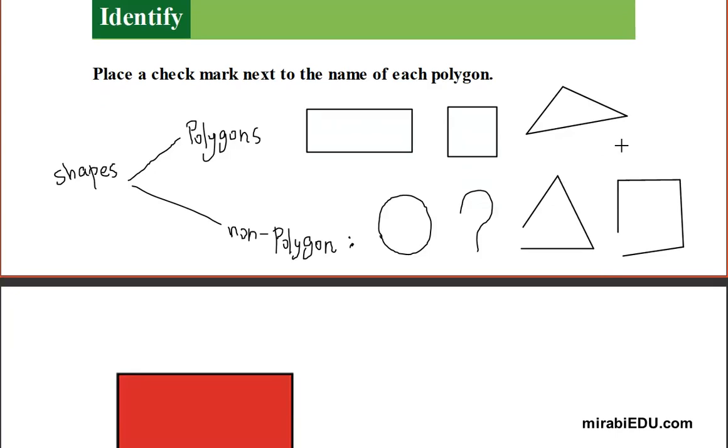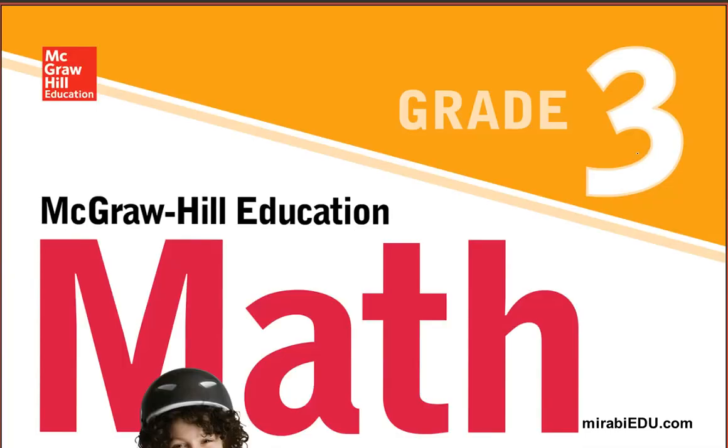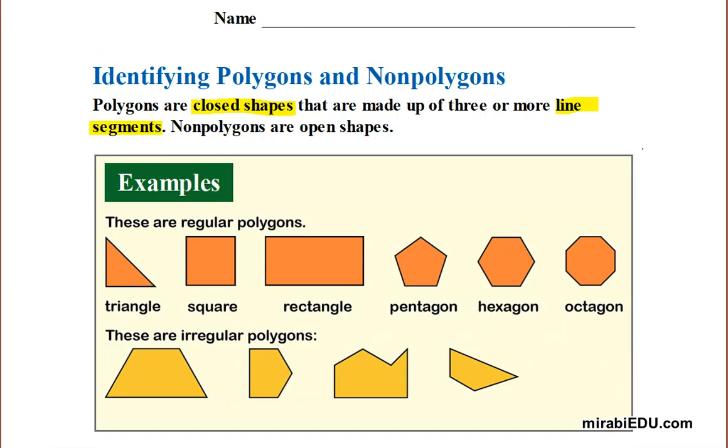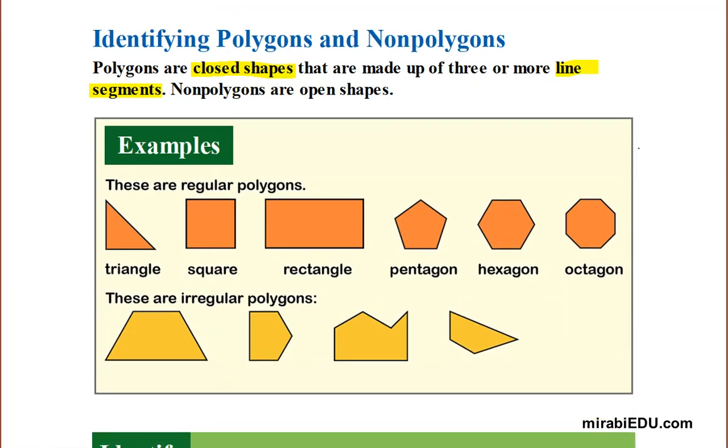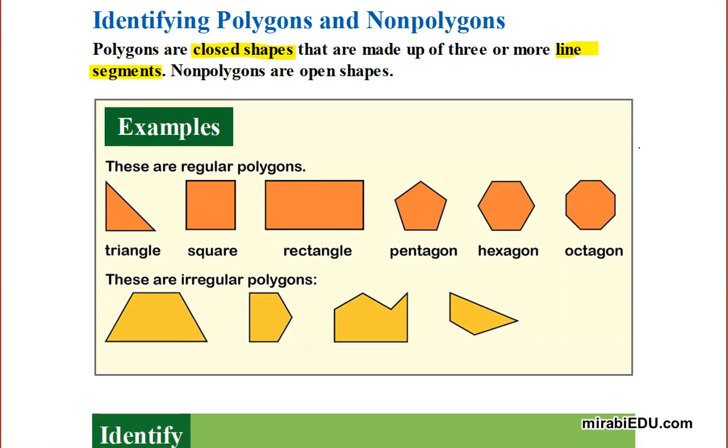Now, these polygons are divided into 2. Regular polygons and irregular polygons. Regular polygons, let's read the definition here. Oops, I made a mistake. So here is the definition for regular polygons.